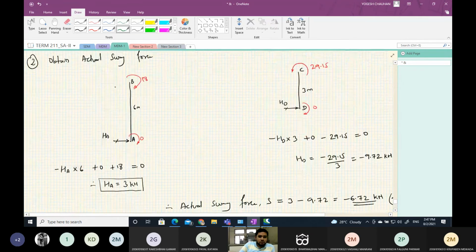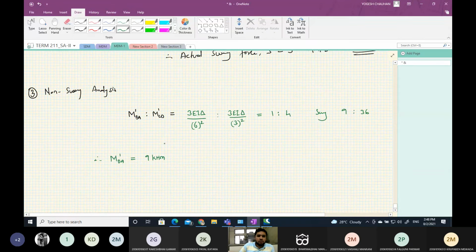So when the frame sways towards the left, it will rotate the beam in anti-clockwise. So the moment developed will be in clockwise direction. So here we have to take positive value, and M CD dash will be equal to 36 kilonewton meter, and M AB dash will be 0, and M BC dash is also 0.